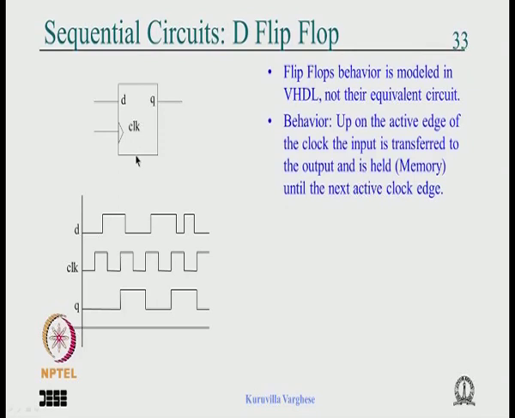What we are going to say in VHDL is that somehow the behavior of the edge triggered D flip flop is captured in a meaningful VHDL statement. That is how it is modeled. And if you look at the behavior of the edge triggered D flip flop, you see that there is a clock, and on the active edge, let us take it as a positive edge triggered because there is no bubble here.